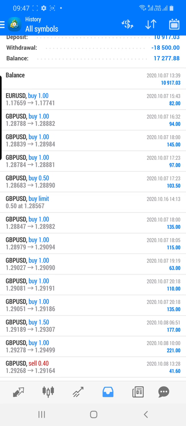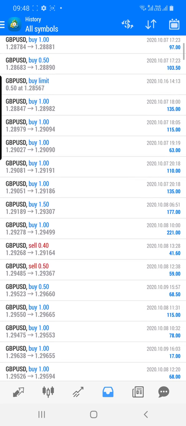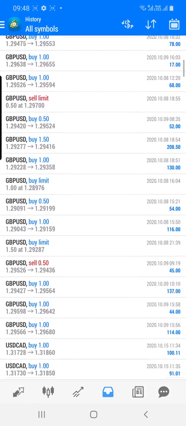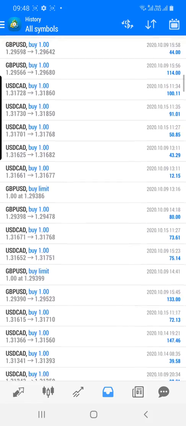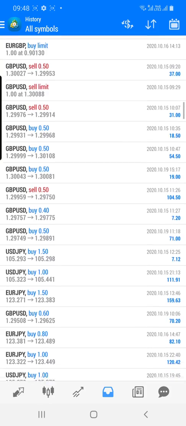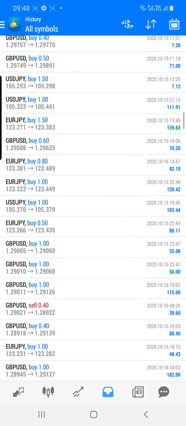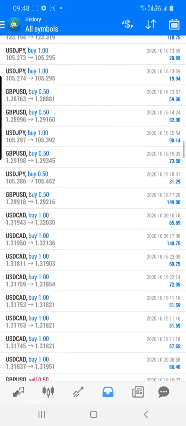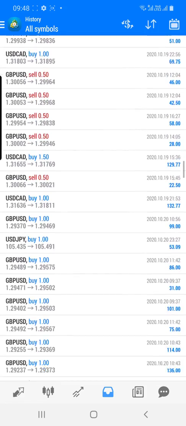You notice that they are all green as you scroll, because the main aim is to move it forward, to any percent, to any amount.